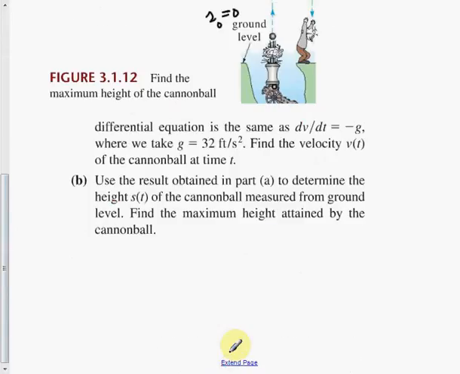So what we're going to do is use this, and we'll just use our calculus to solve. So here we have dv over dt is equal to negative 32 feet per second squared, but we'll just use that here for now. What I want to do is find what they are asking me to find, and they're asking me to find the velocity v of t.